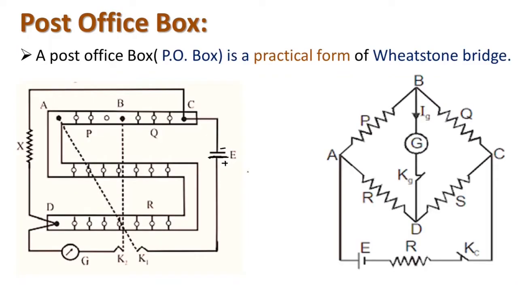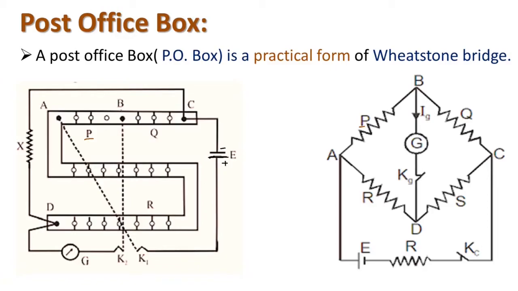Before discussing working, let's see how post office box resembles Wheatstone's bridge. Here we are observing the circuit diagram for post office box and the Wheatstone's bridge network. In between terminal A and B, the resistance E is connected. The same thing in between the terminal A and B, the arm P having resistances ranges from 10 to 1000 ohm, it is connected.